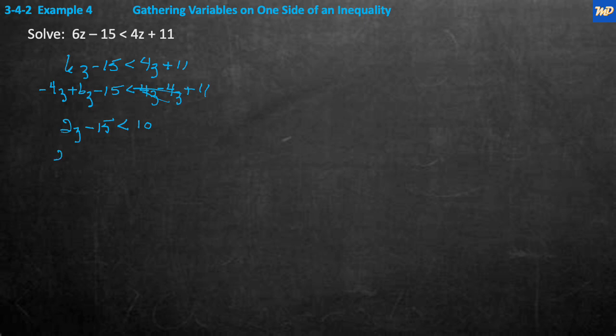So now we get 2z minus 15 plus 15 is less than 11 plus 15. When we simplify this, we get 2z is less than 25.